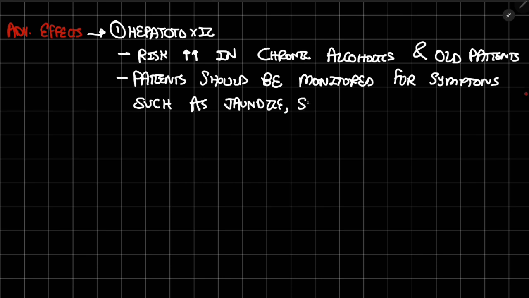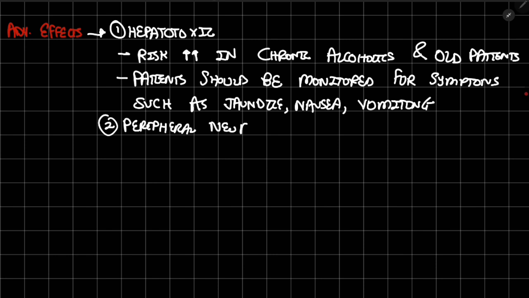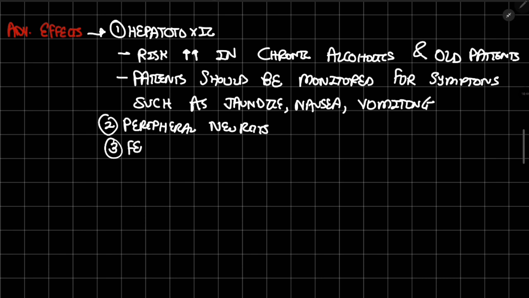Then also common symptoms like nausea and vomiting. So one adverse effect of isoniazid is hepatotoxicity. Second is peripheral neuritis. Then we have fever, some skin rashes, and anemia too.